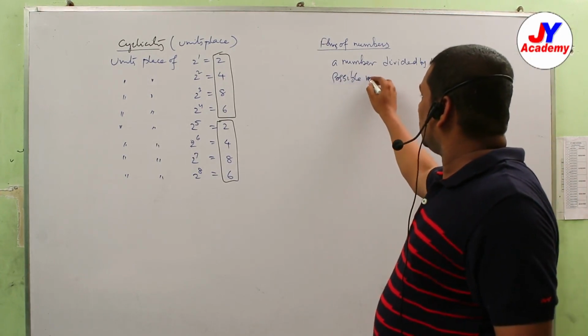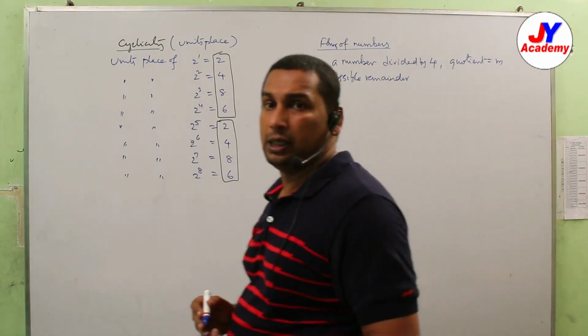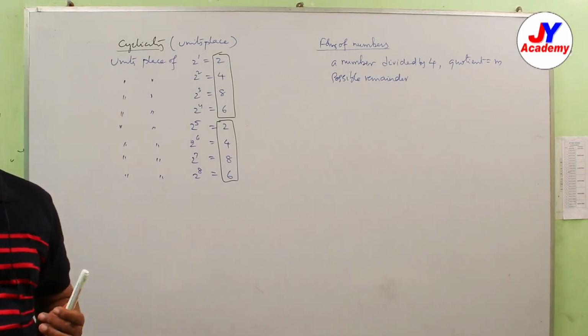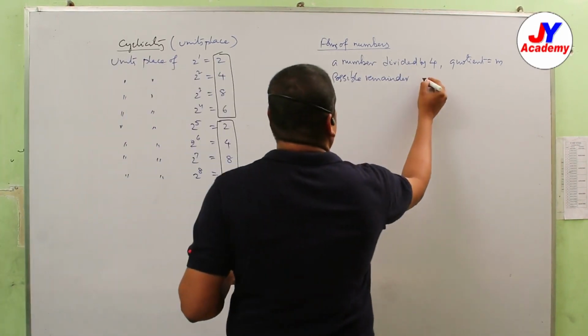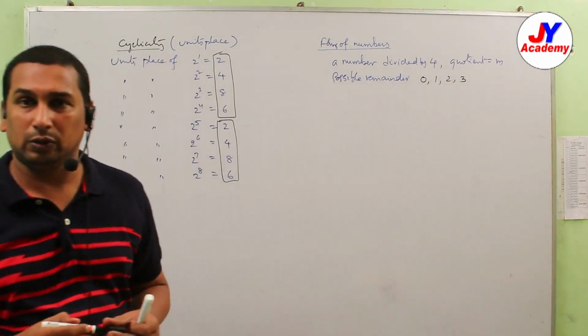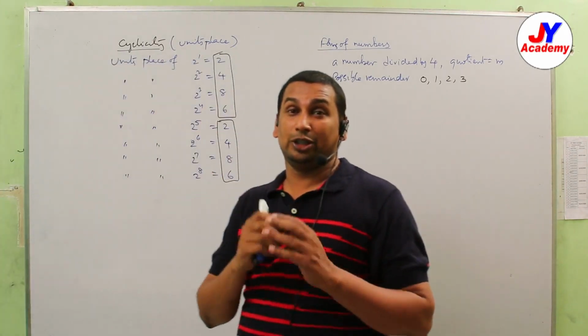What are the possible remainders? That is 0, 1, 2, 3. On this occasion, I'll ask you one question.